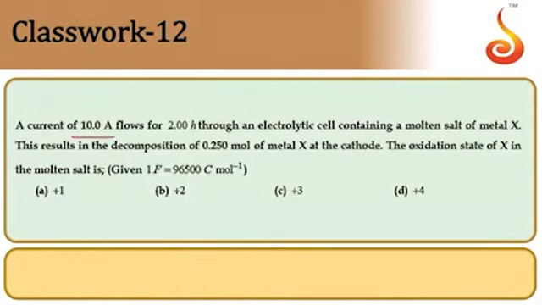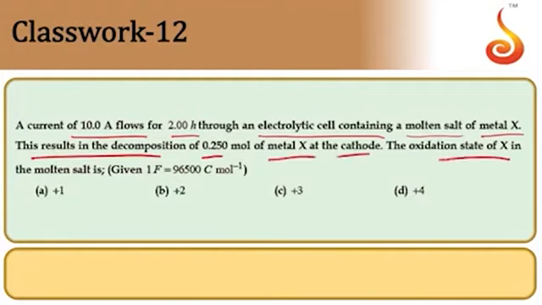12th one. A current of 10 amperes flows for 2 hours through an electrolytic cell containing molten salt of metal X. This results in decomposition of 0.250 moles of metal X at cathode. The oxidation state of X in the molten salt is.